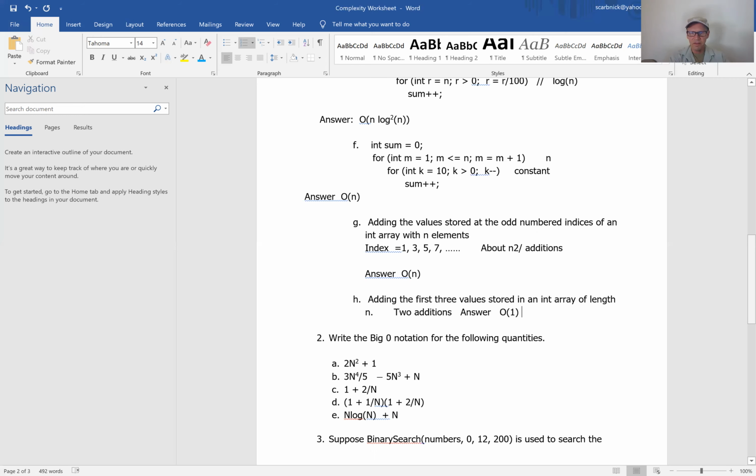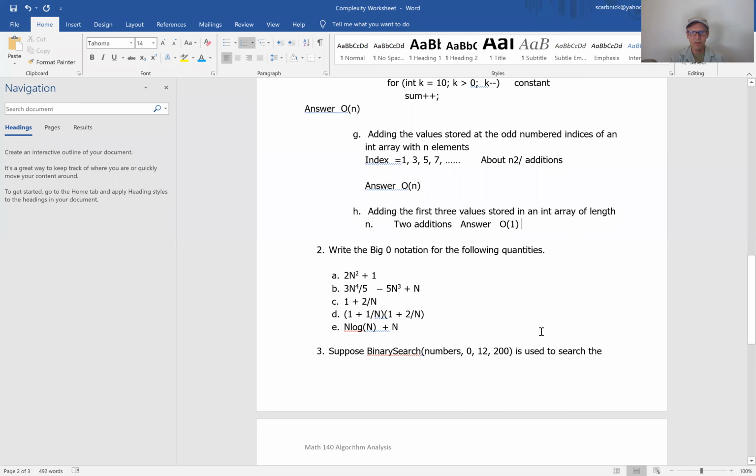Okay, now here, part 2. We have these expressions, these functions, and we want the big O notation. So we're just going to use these rules that we've learned. You just use the highest order term. Be careful here. They may not be in what they call standard form, but here they actually are.